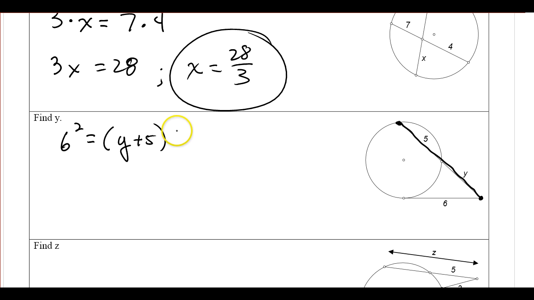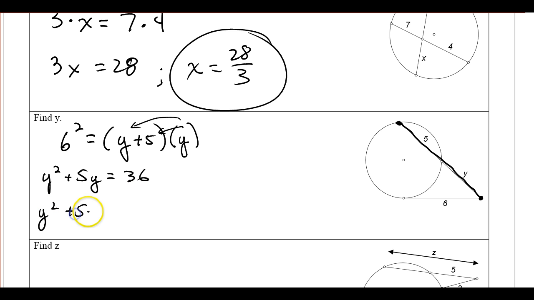And then times the outside part, so that's times y, that's the outside part, so we're going to have to distribute here when we solve, so be careful with that. I'm going to flip the sides here. So I've got y squared plus 5y is equal to 36. So I have y squared plus 5y minus 36 is equal to 0.